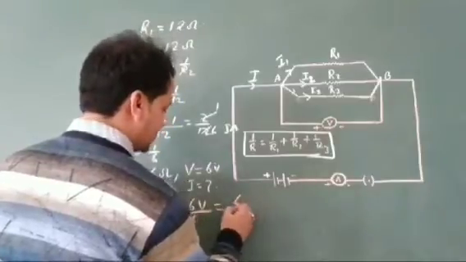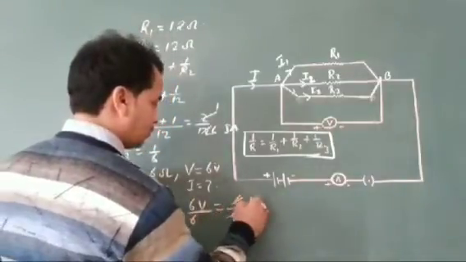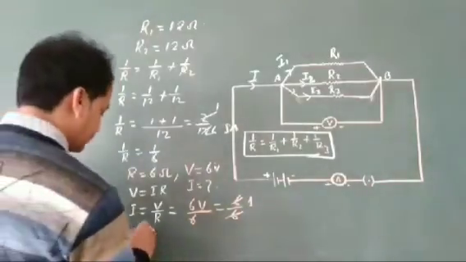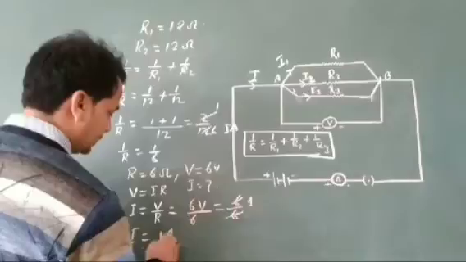Then 6 by 6 is 1, and the electric current here is 1 ampere.